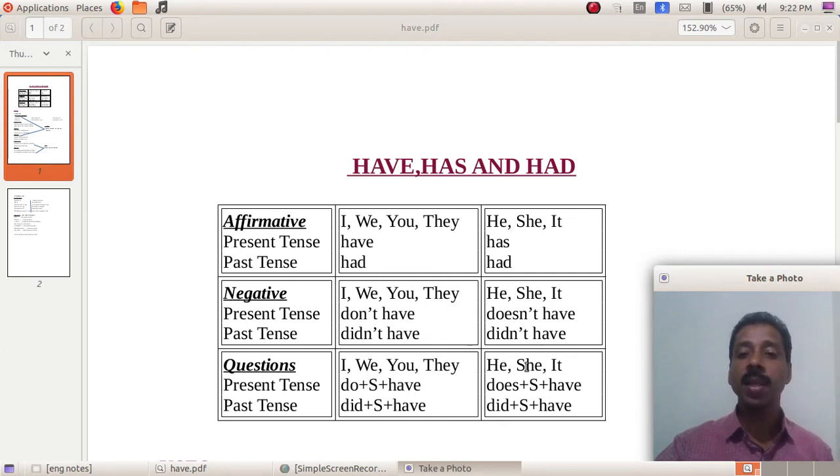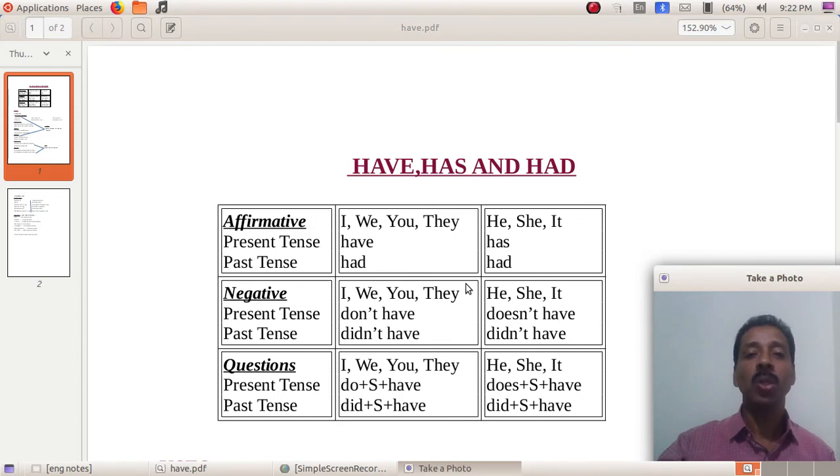And if it is he, she, or it, does plus any of these subjects plus have is to be used. And if it is past tense, did plus subject plus have is to be used. That means in past tense there is no change. With all the pronouns, it will be the same form. Okay, so this is one of the main things you have to keep in mind.